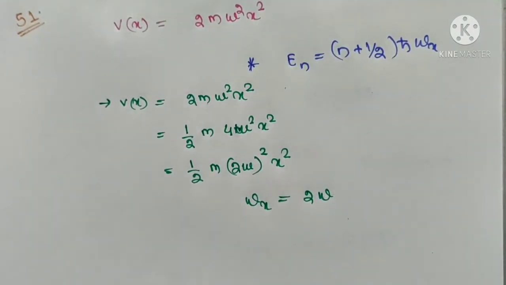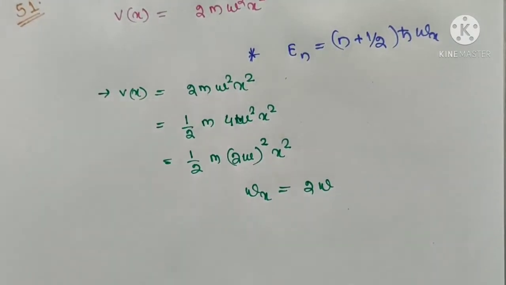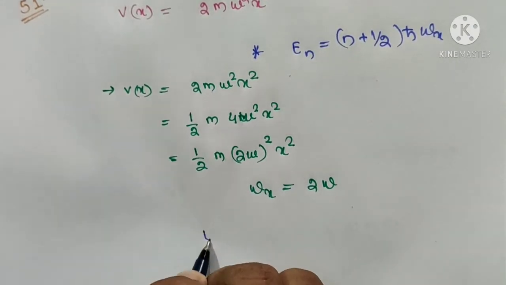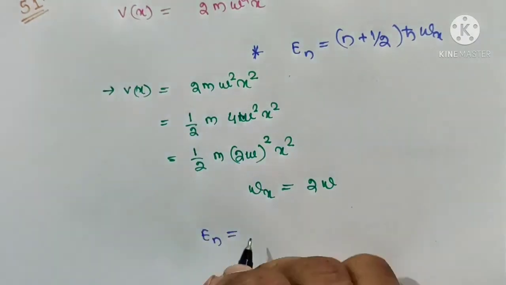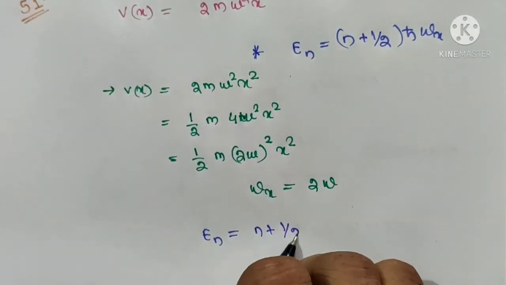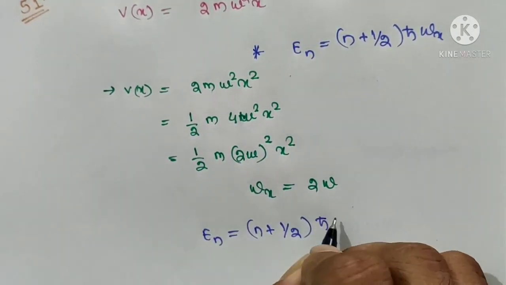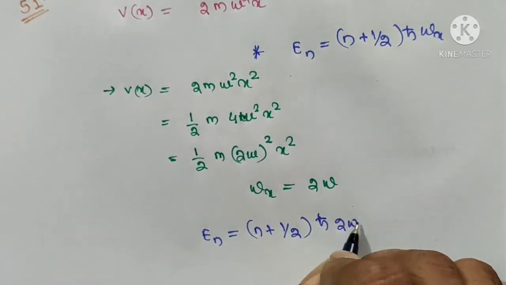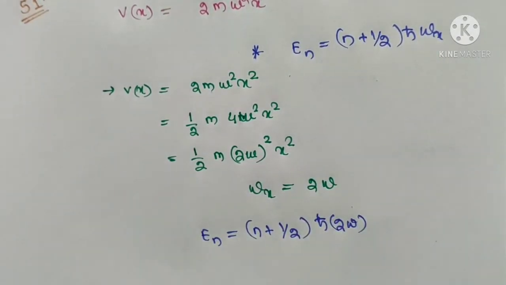So the general form of energy of a particle in a quantum state for this given potential is n plus half h cut times omega x, which is 2 omega. Now for the first excited state, the value of n is 1.